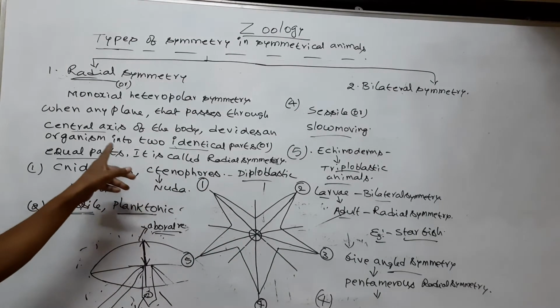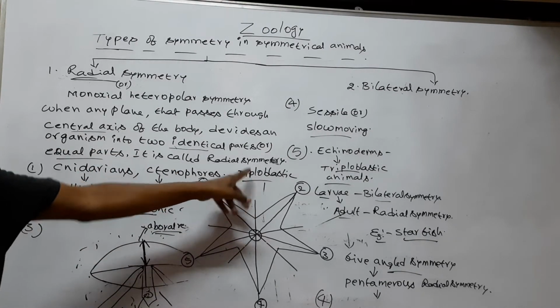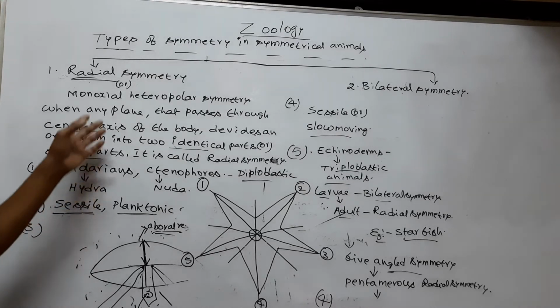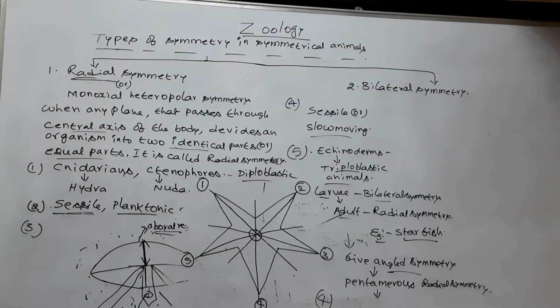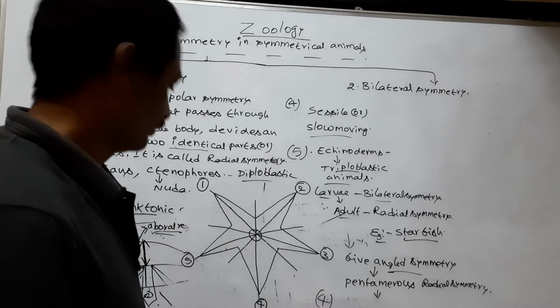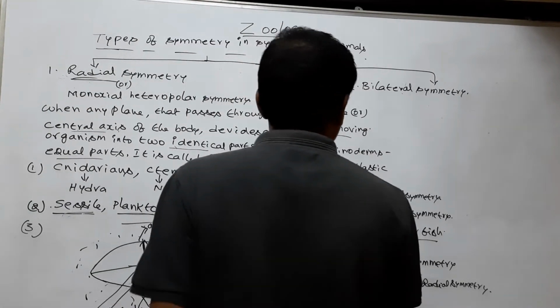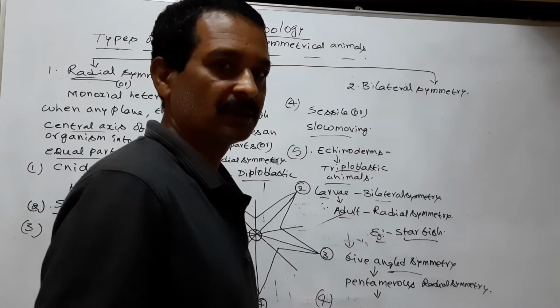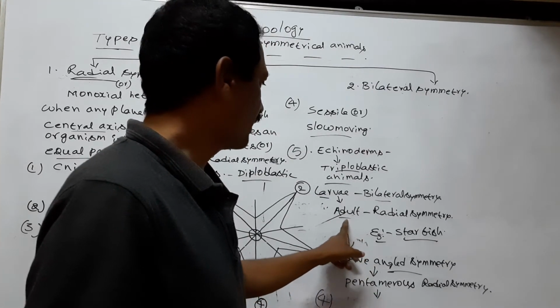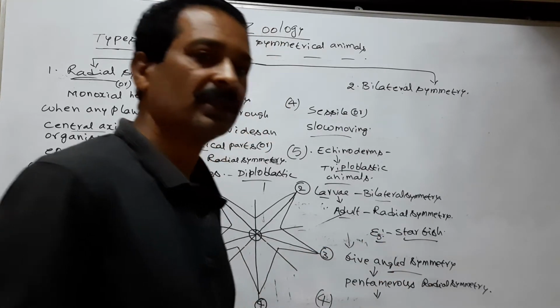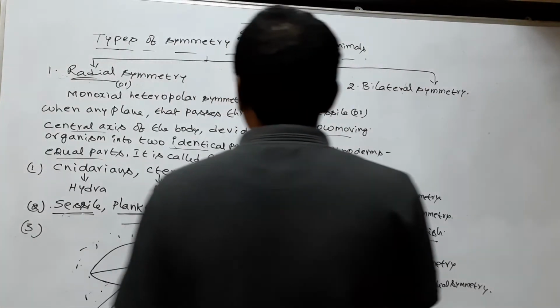So radial symmetry is the principal symmetry of diploblastic animals. Mostly, the animals which show radial symmetry are aquatic animals that live in water. Here, echinoderms are triploblastic animals. The adult echinoderms exhibit pentamerous radial symmetry.